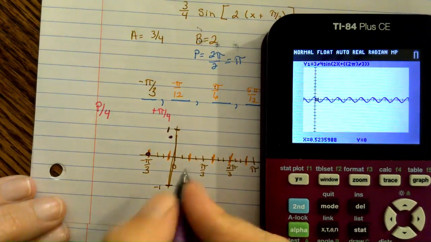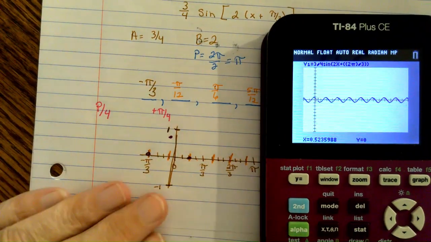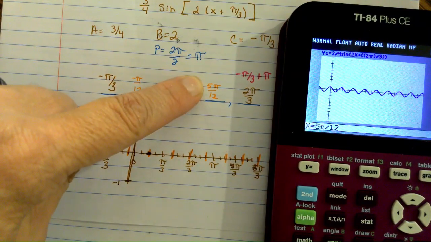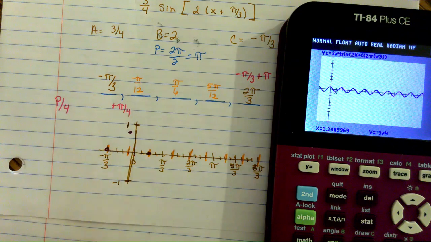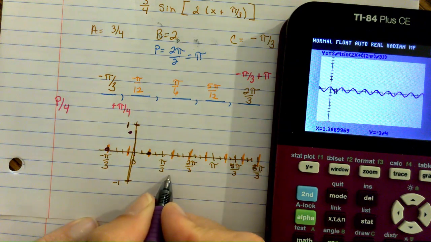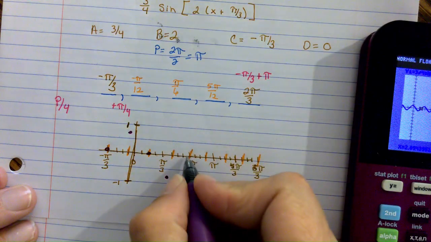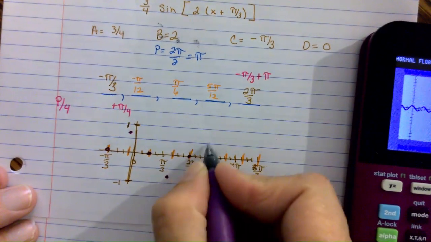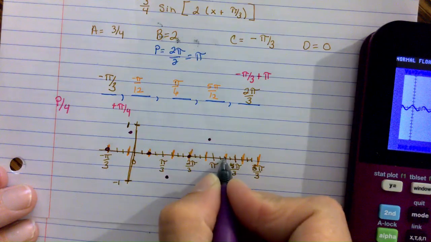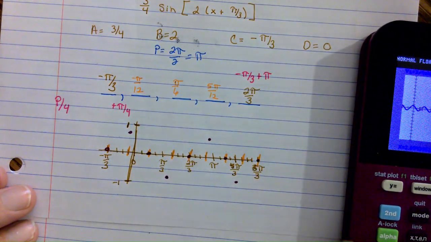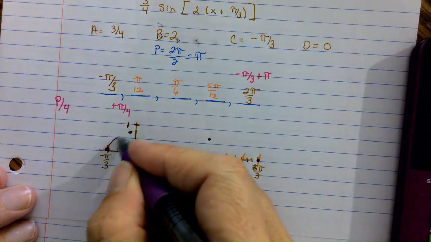Yep, there it is. That means my 5 pi over 12 should be at the bottom. Yep, negative 3/4. And so my 2 pi over 3 should be back in the middle. There it is, back in the middle. We've got it. So middle, top, middle, bottom, middle, and I could keep going, right? And there we go, there's our sine wave.